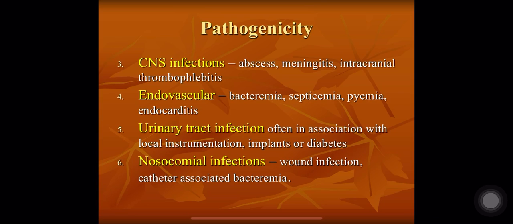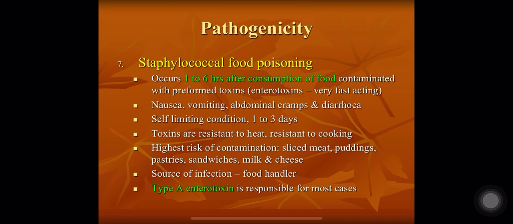CNS infections like abscess, meningitis, intracranial thrombophlebitis, endovascular infections like bacteremia, septicemia, pyemia, endocarditis, urinary tract infection, and nosocomial infections can be caused by Staph aureus. Staphylococcal food poisoning is because of the enterotoxin produced by Staph aureus. It occurs about 1 to 6 hours after consumption of the food.